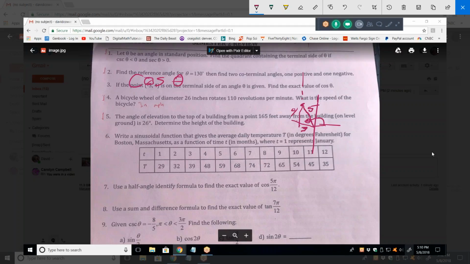Of which angle? The one in the triangle? The reference angle, yeah. Okay, and so when we solve for that angle, then we'll subtract that from 180 to find the angle that they're talking about.